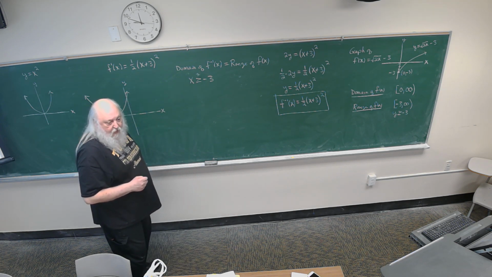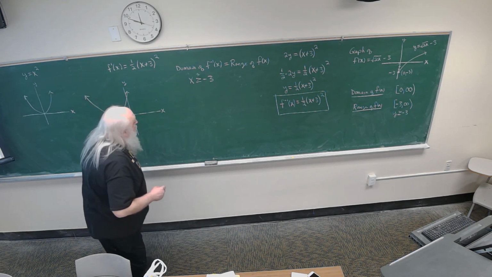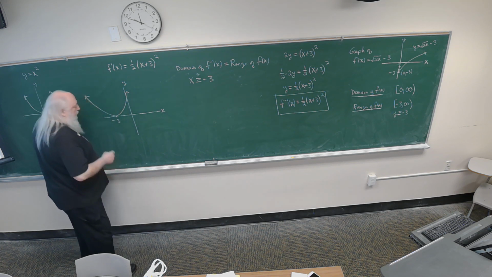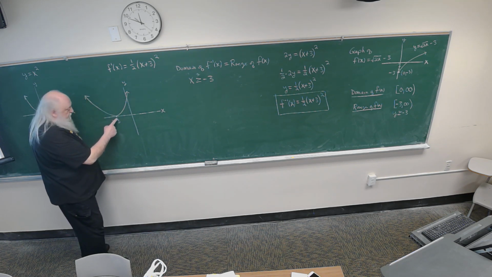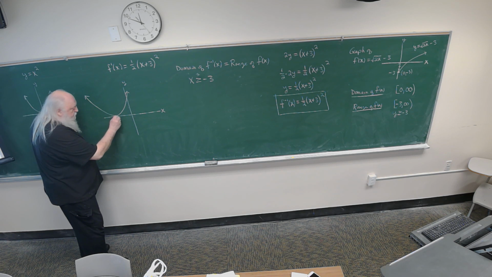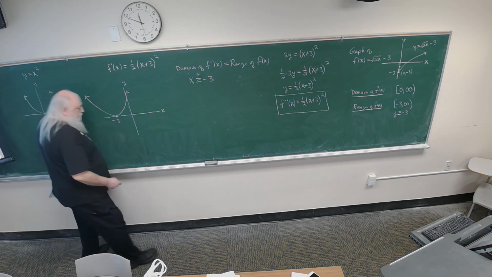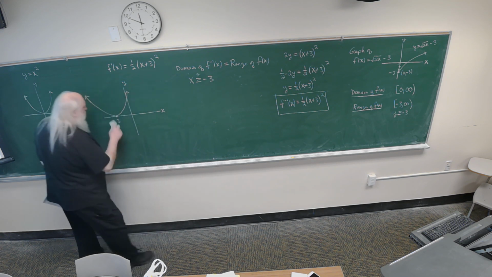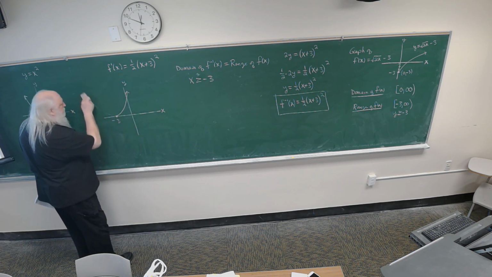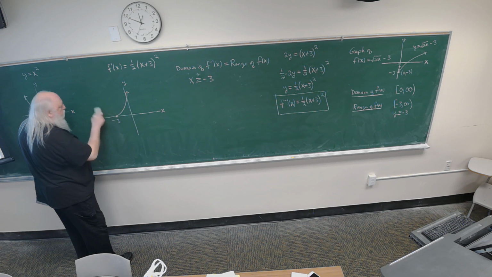Only applied to the variable x, right? So x greater than or equal to -3, that's everything to the right of this point right here on the x-axis, right? So to get the graph of the inverse function, we have to erase the left half of this parabola.